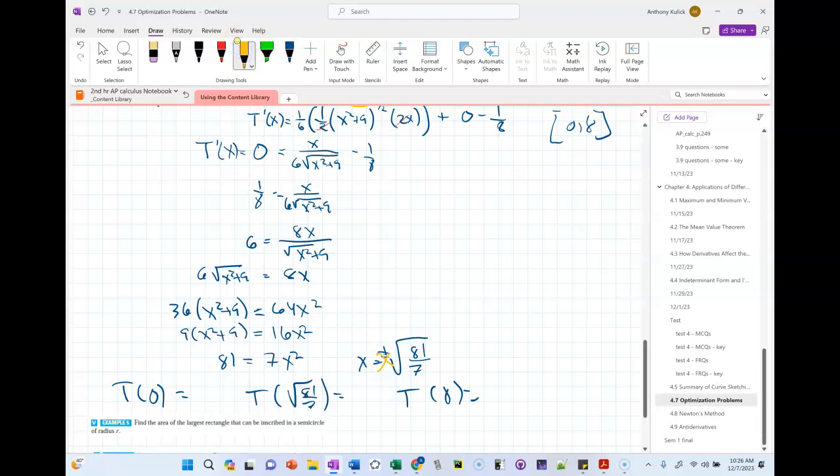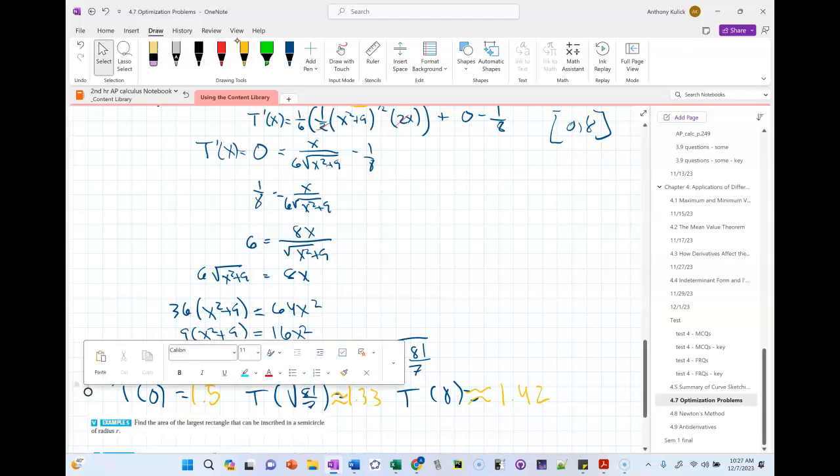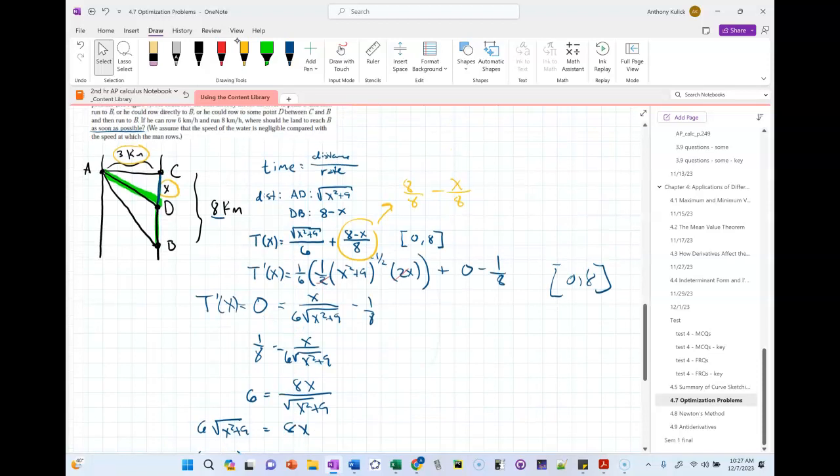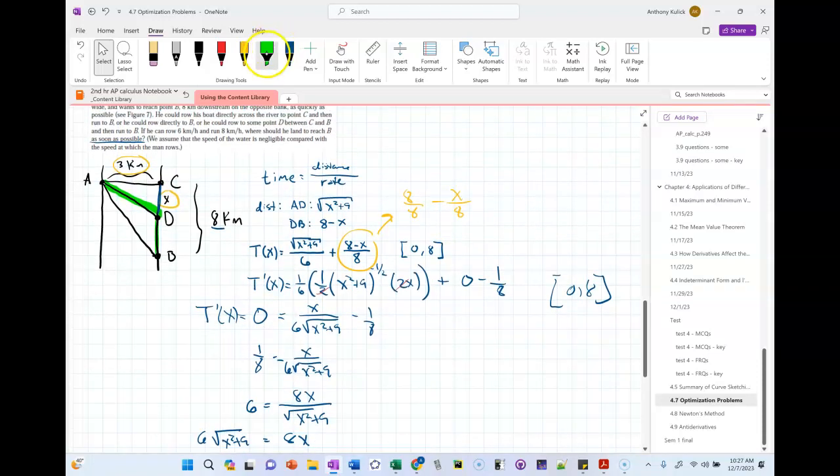So I'm going to save you the hassle, and I'm just going to write down what these are. How'd I do that? Calculator. I just plugged those into t.